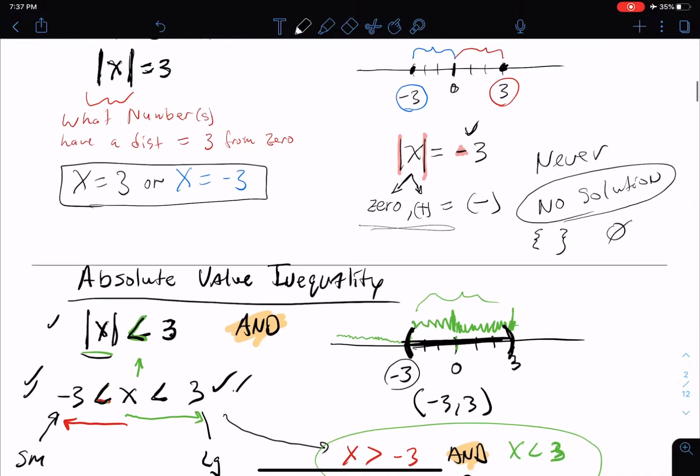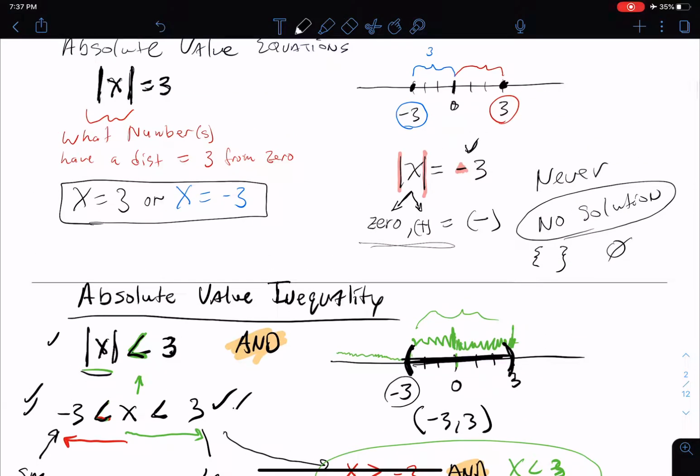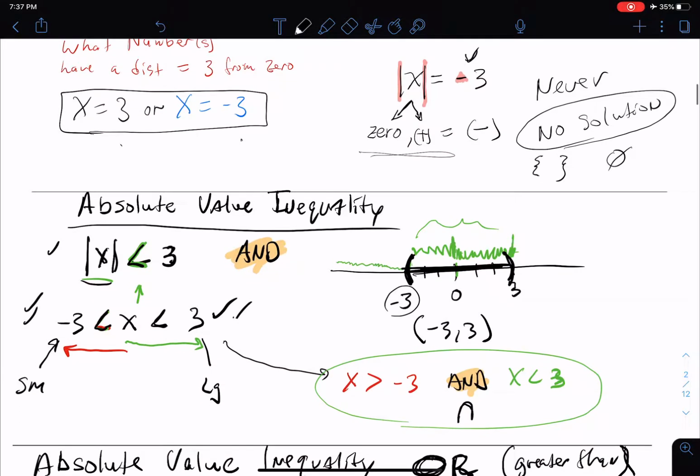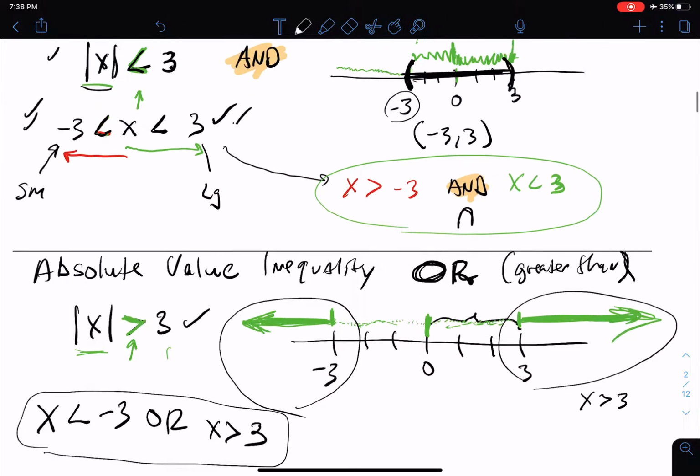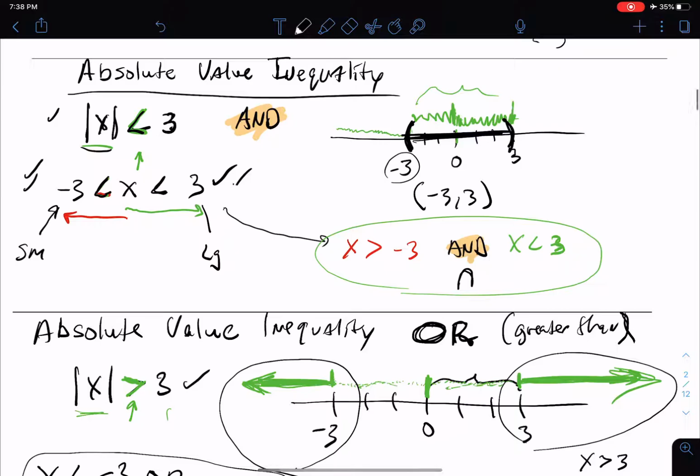Just as a quick review, absolute value of x is equal to 3. You have a positive and negative case. You're going to have a couple answers, unless you're trying to take absolute value of x is equal to a negative number or 0, because the distance from 0 is 0, so you're not going to have two answers there. And then the absolute value of x is less than a number.